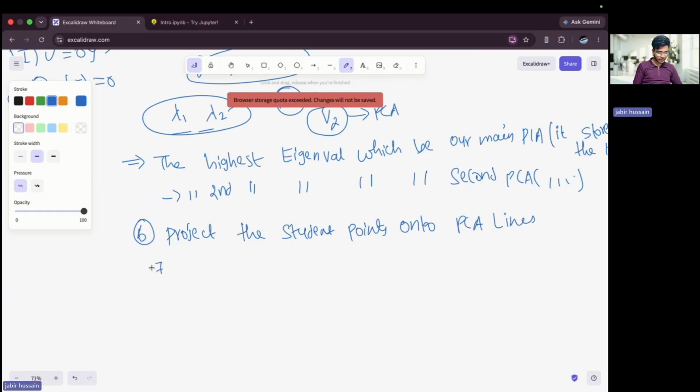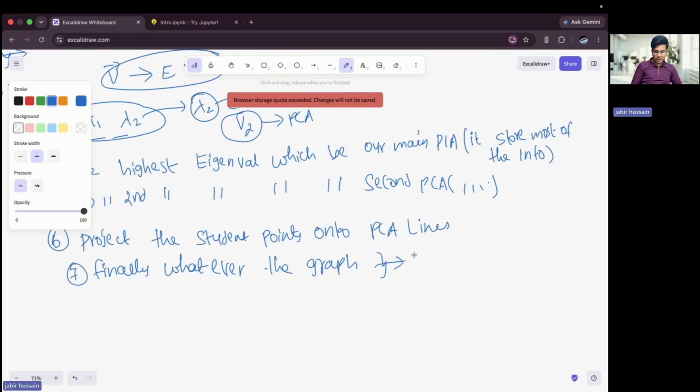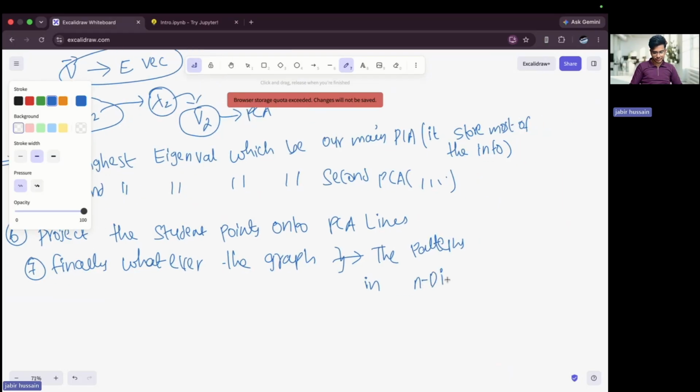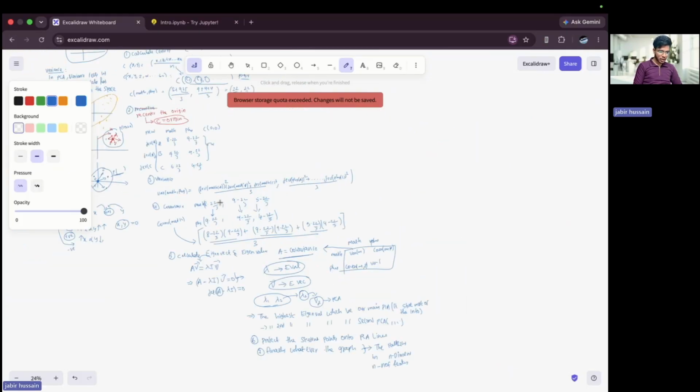And finally, whatever data or graph you get, this graph tells you the most important patterns involved in the n dimensions, or n number of features. So this is the overall algorithm of PCA.